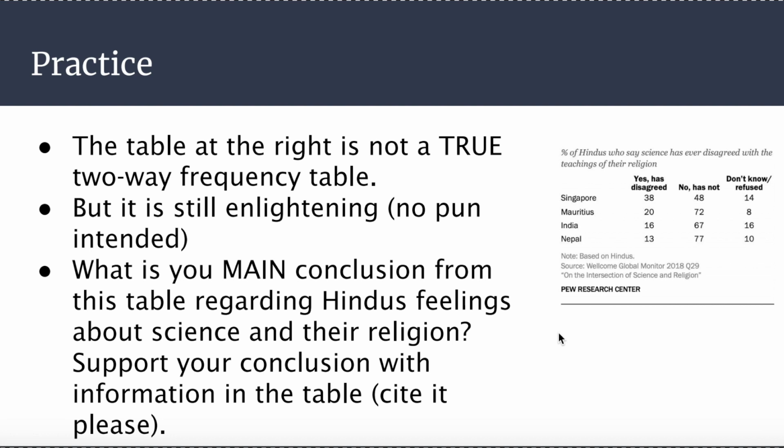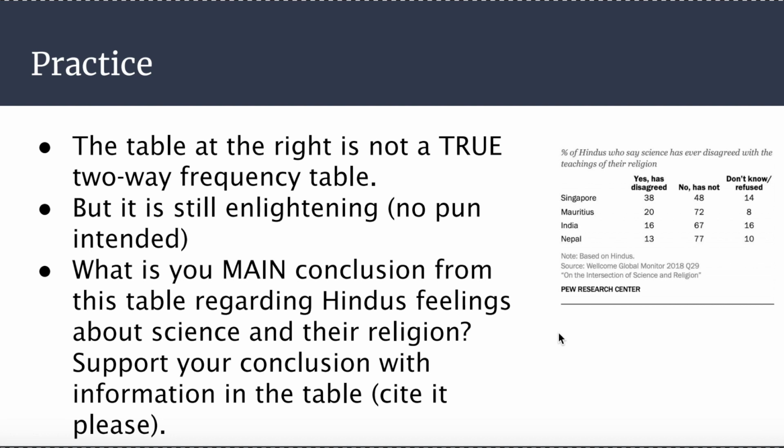But it is still an enlightening table that we can practice making conclusions from. I want you to look at this table about the percent of Hindus who say science has ever disagreed with the teachings of their religion, and the responses from 4 different countries.